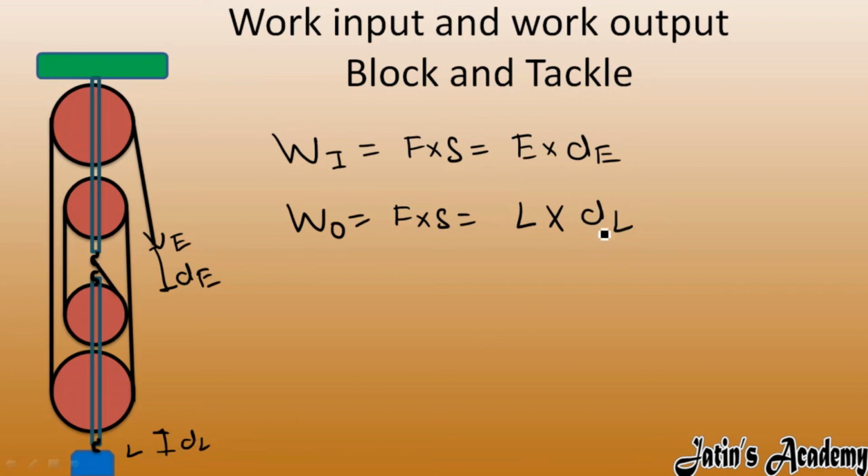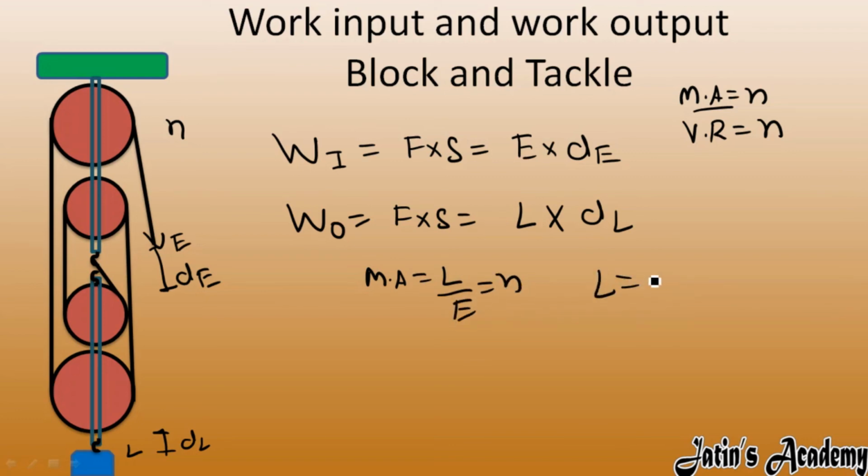Now we have to find the relationship between work input and work output. First of all, see the relationship between load and effort. For example, take n number of pulleys, say 4 pulleys. When n pulleys are there, mechanical advantage is equal to n, the number of pulleys, and velocity ratio is also n. The formula of mechanical advantage is load upon effort, so from here load is n into effort.